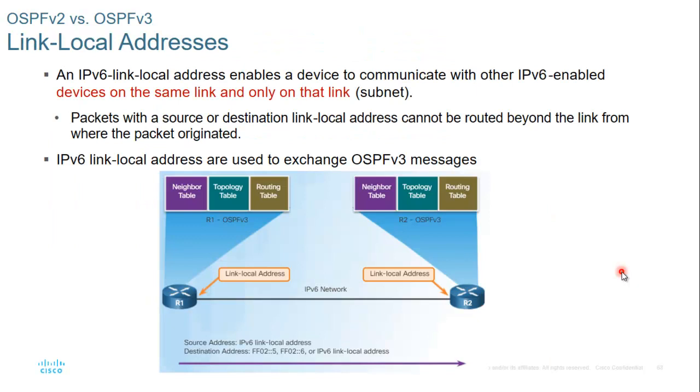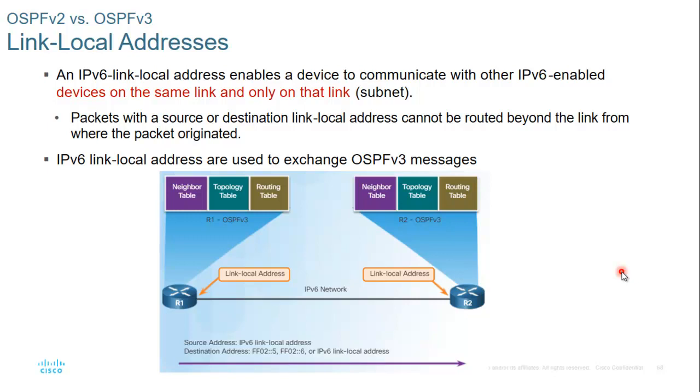Link local addresses. An IP version 6 link local address enables a device to communicate with other IP version 6 enabled devices on the same link and only on that link. Packets with a source or destination link local address cannot be routed beyond the link where the packet originated. It's link local. It just works in the local area.